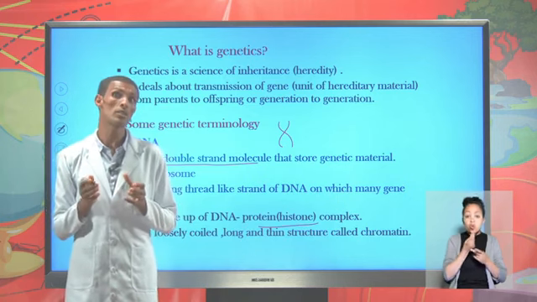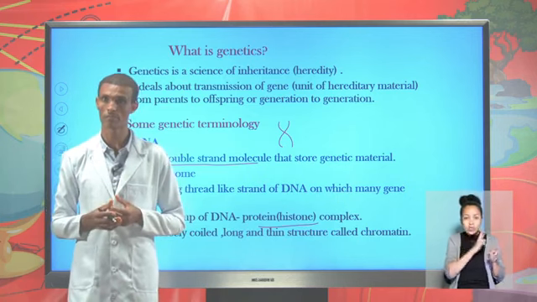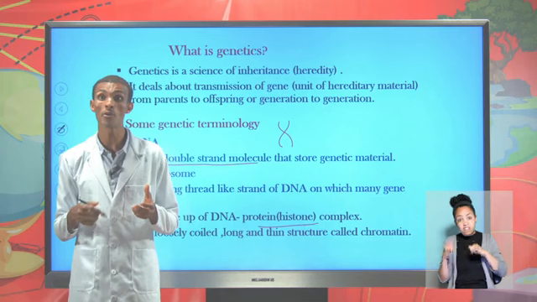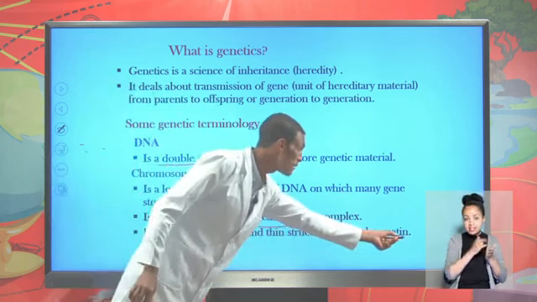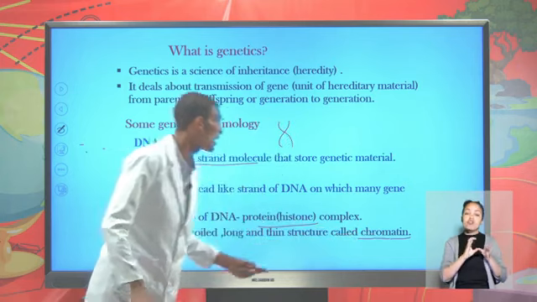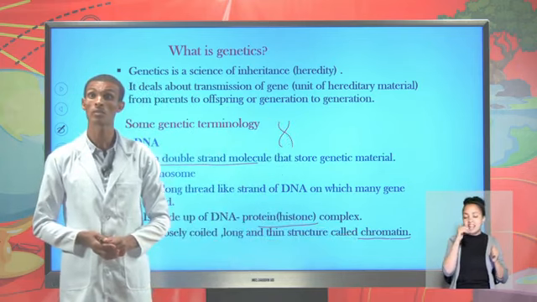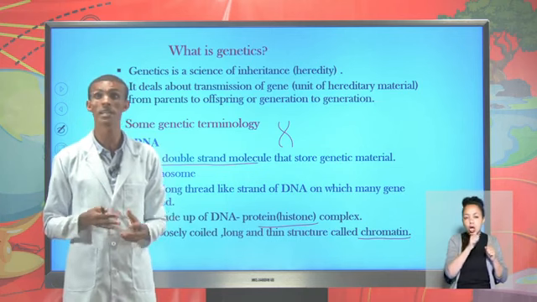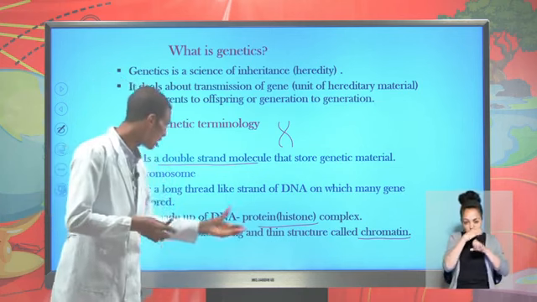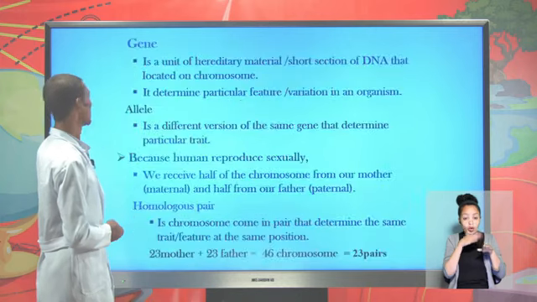When a chromosome is not ready for division, it may be found loosely within the DNA. This loose arrangement of chromosomes within the DNA is considered chromatin. When they cannot be stained under a microscope, we call it chromatin.